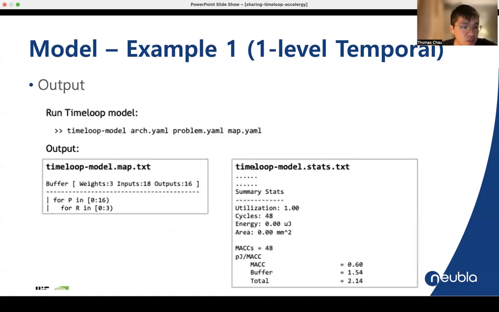With the YAML description of problem, architecture, and mapping, Timeloop runs the model to output two files. One is an optimal mapping that describes tile size and the usage of the buffer space. And the second is the statistics that describe hardware utilization, cycle counts, energy and area costs, and so forth.